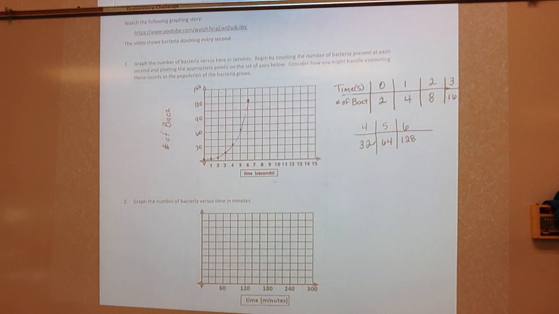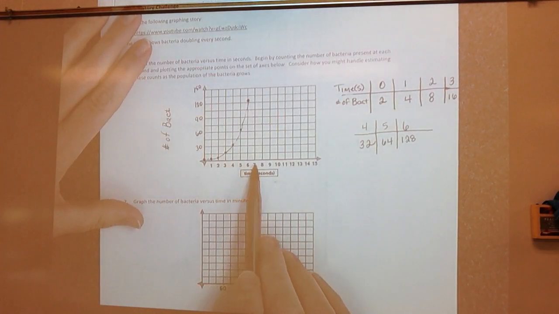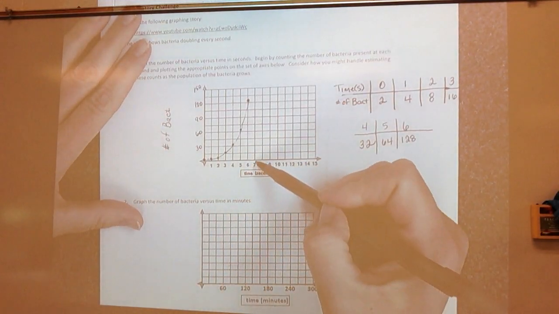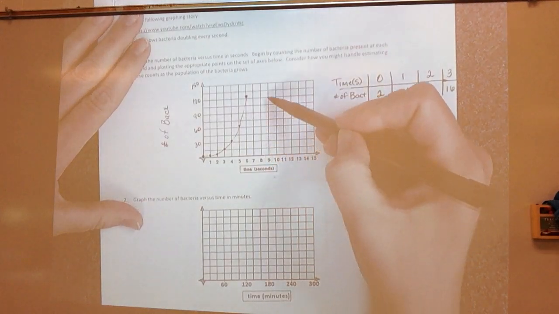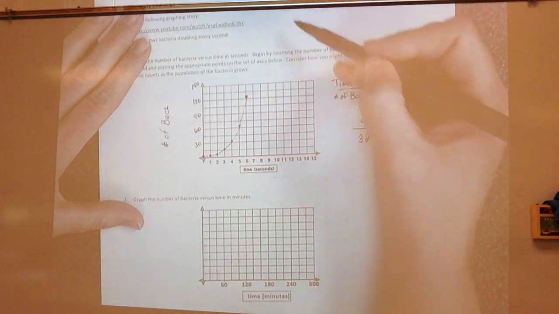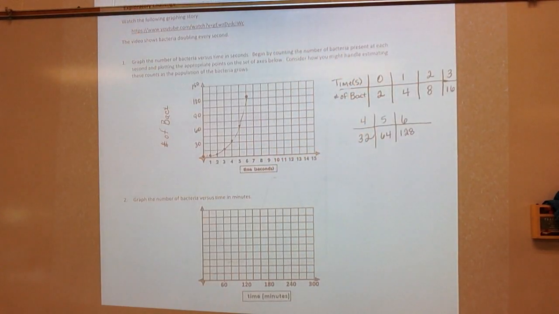Think about that. It should never be perfectly vertical because my time is always moving. So 7, I'm always going to keep moving to the right of my graph. All right? It will never be perfectly vertical.